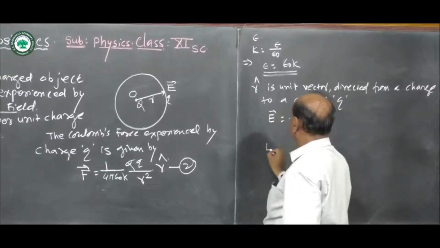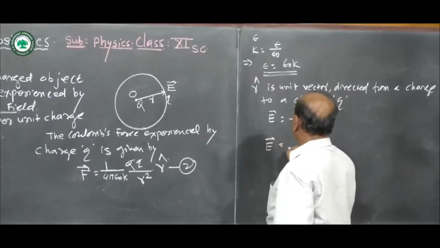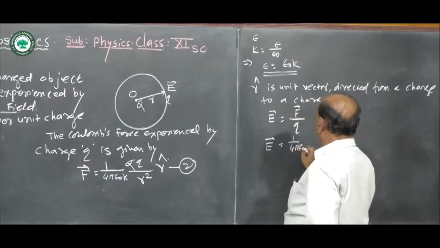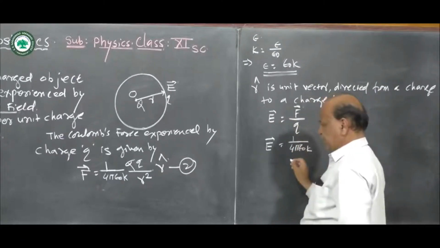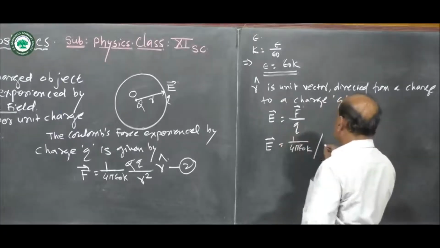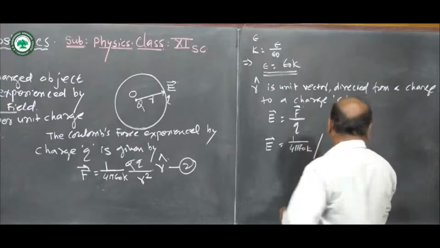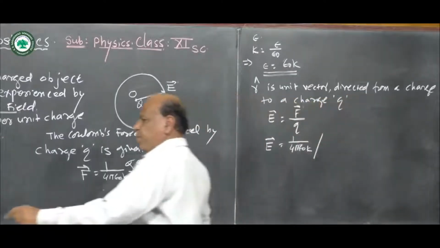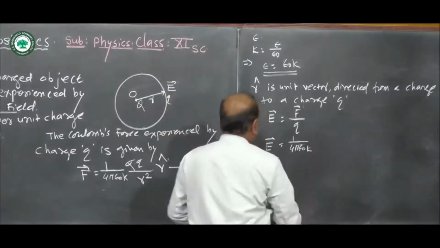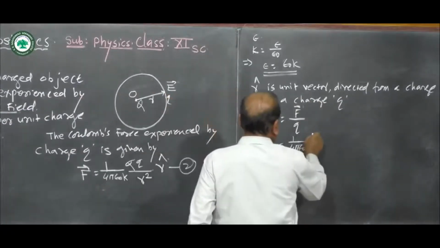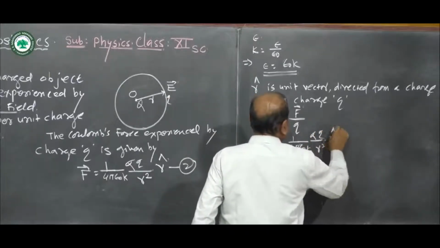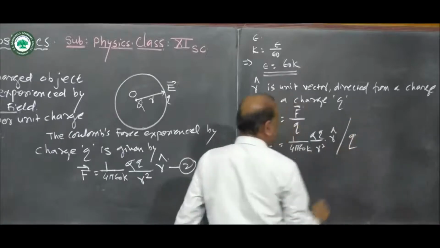Now E bar is equal to, putting the value of F, 1 upon 4 pi epsilon 0 K, times Q divided by r square into the unit vector, and the whole divided by q.